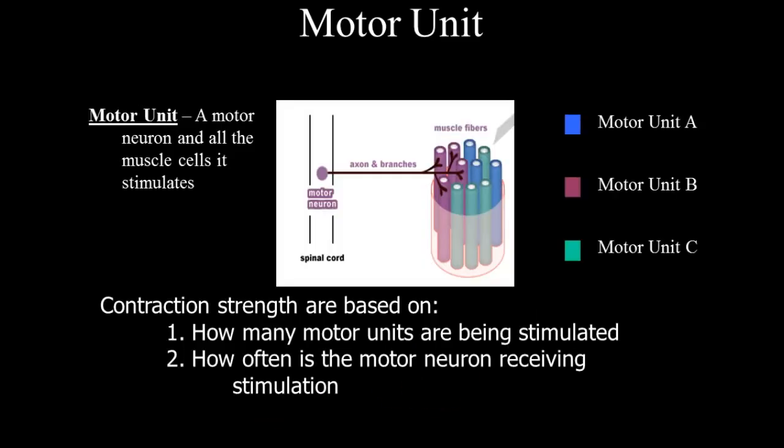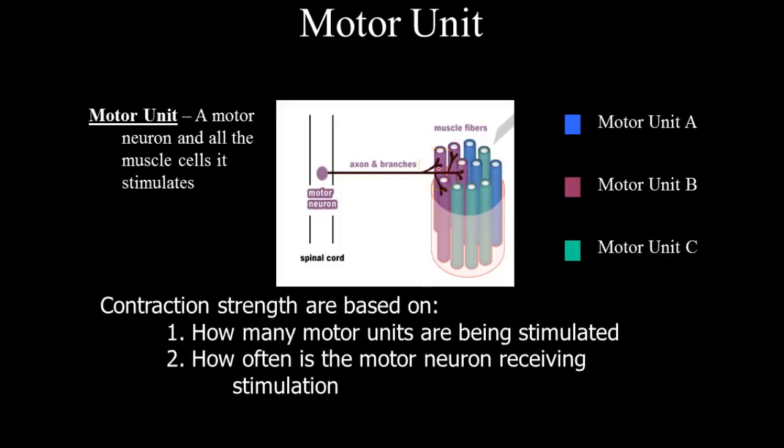The question becomes, how can you produce so much force that, like if you wanted to lift a car versus wanting to lift a pencil, if your muscles are contracting in that way? And the answer to that question is that you have different, what's called motor units. So a motor neuron will basically connect to a certain amount of muscle fibers.